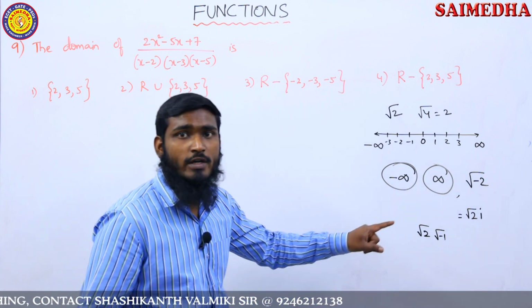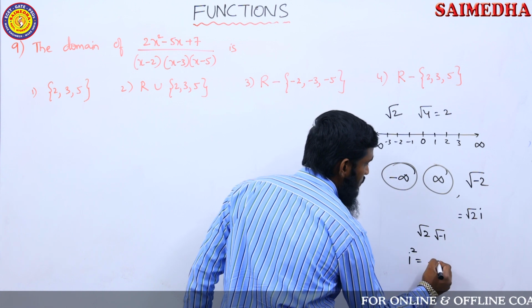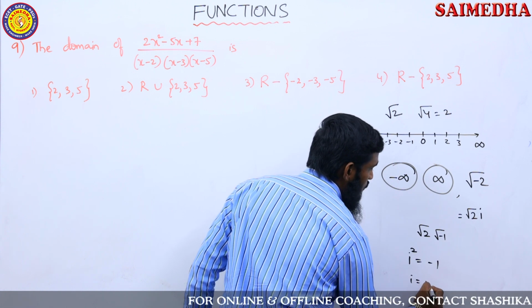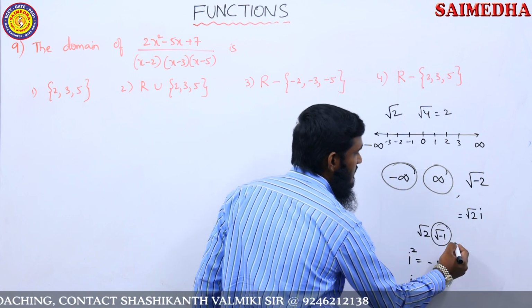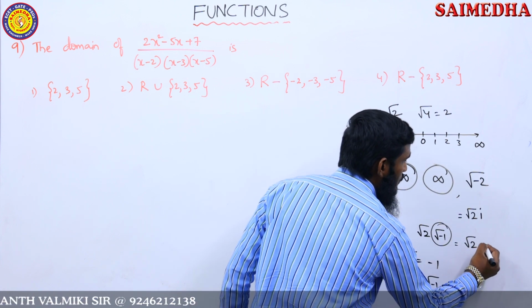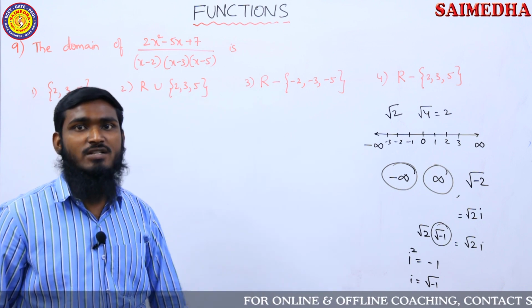As we have the formula i square is equal to minus 1, that is i equals root of minus 1, so instead of root of minus 1 we write i. So it is equal to root 2 i. Whenever we get the i part, it comes under the imaginary numbers.